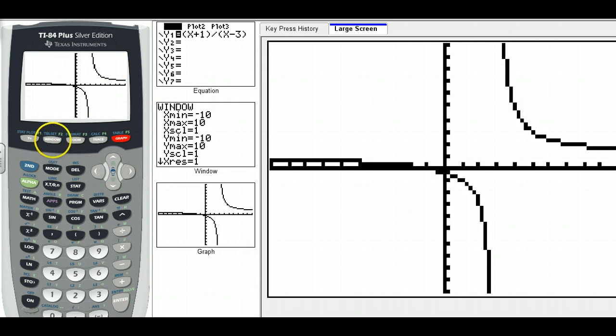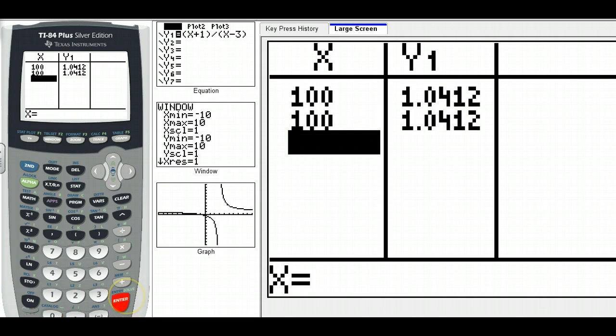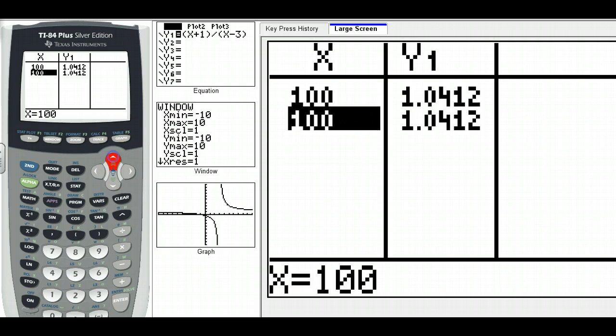You could change your window and make a lot of y's, but I'm going to go to my table. So for instance, if I plug in 100, I see that my y value from this function is going to be 1.04. How about if I plug in 1,000? Why would I plug in 1,000?